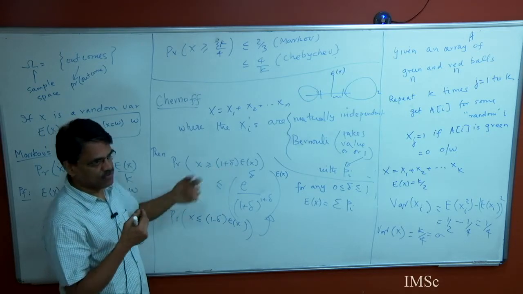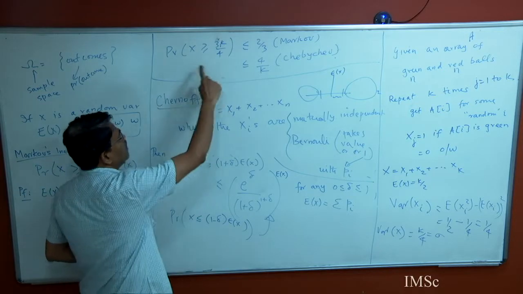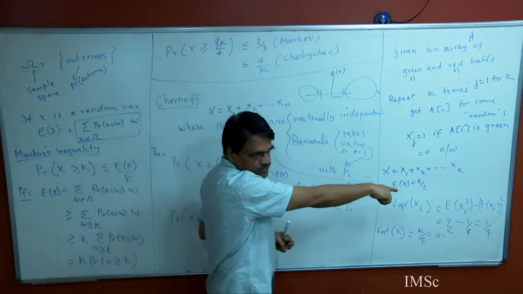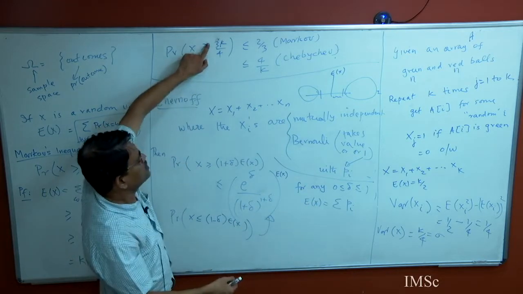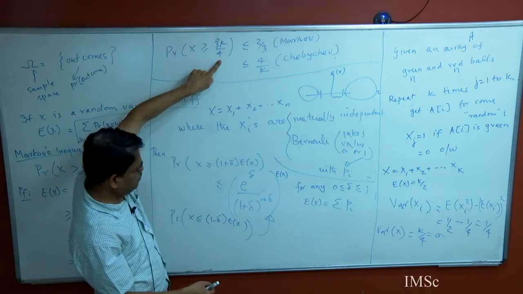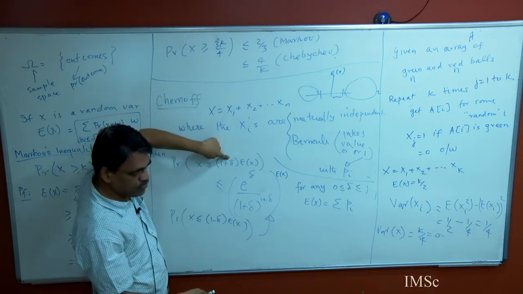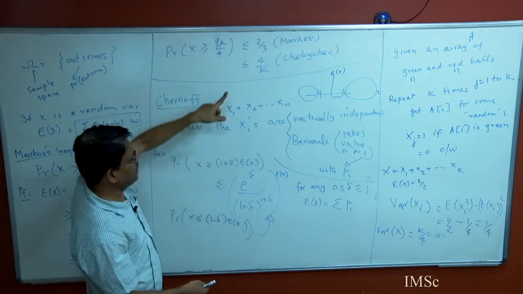So delta is half, right? So if I want to compute this quantity for our experiment, because expectation is k by 2, it's 3 by 2 into k by 2. So delta is half. So if I plug it in here, what happens?